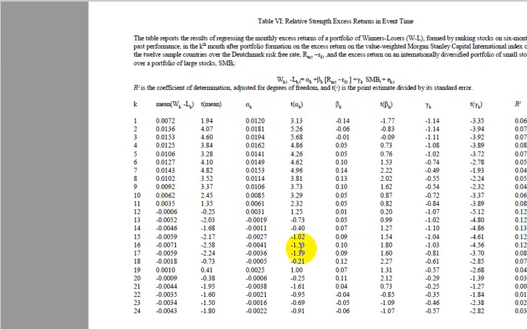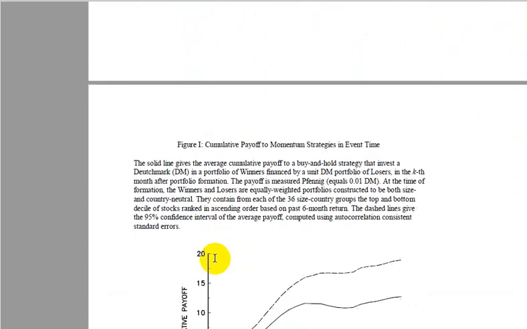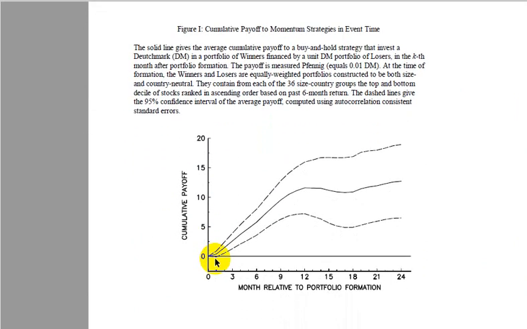The only difference might be that Jegadeesh and Titman found in the second year there's actually a reversal in returns, but here we can't really say that there was a reversal because we see that these aren't significantly different from zero. Okay, so it seems figure 1 shows us the cumulative payoff to momentum strategies.